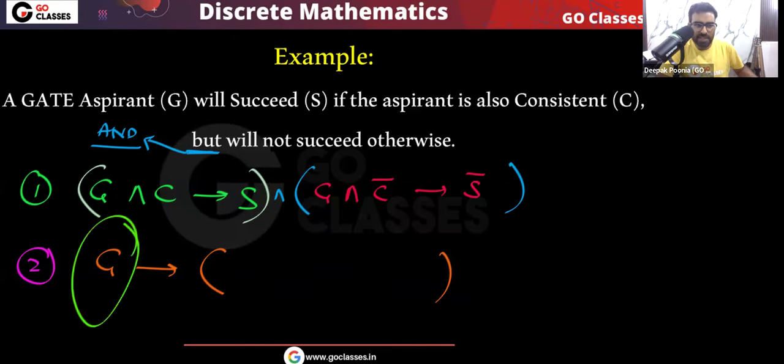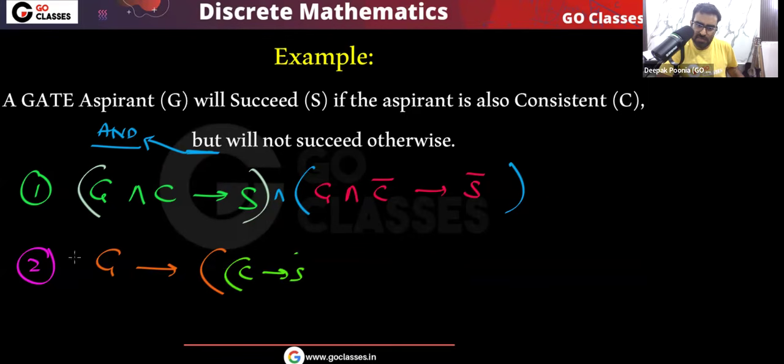So now, if you are a GATE aspirant, then what am I saying? I am saying that if you are consistent, then you will succeed. Otherwise, you will not succeed. Means if you are consistent, then you will succeed, and if you are not consistent, then you will not succeed.